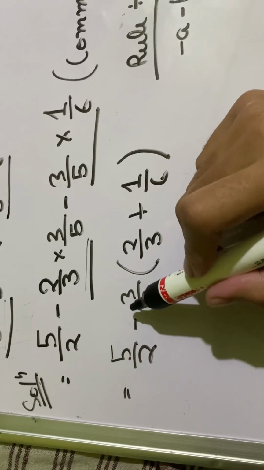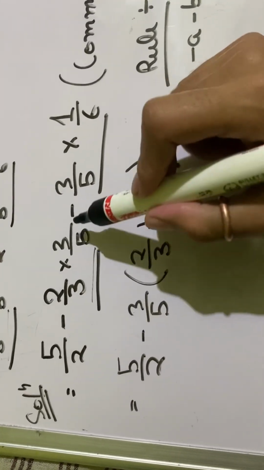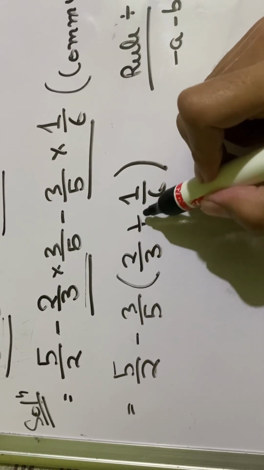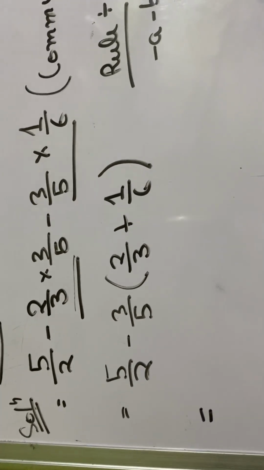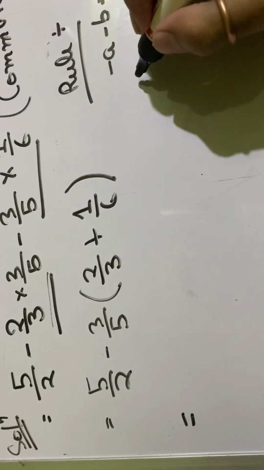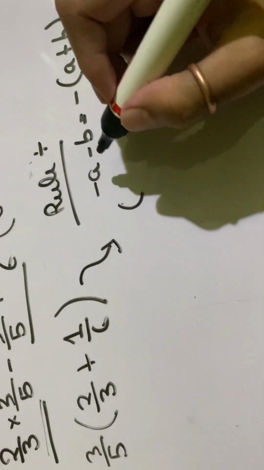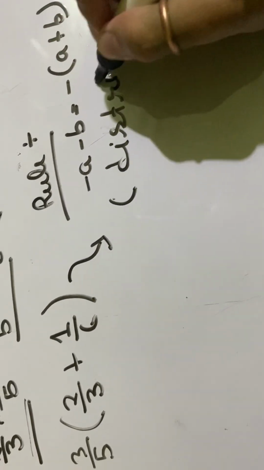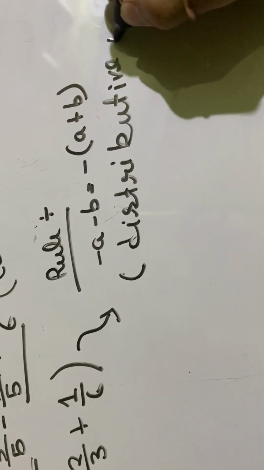That's why if we multiply this again to here, it will come the same as this. So it has come plus. And you write beside this that this is the distributive property.